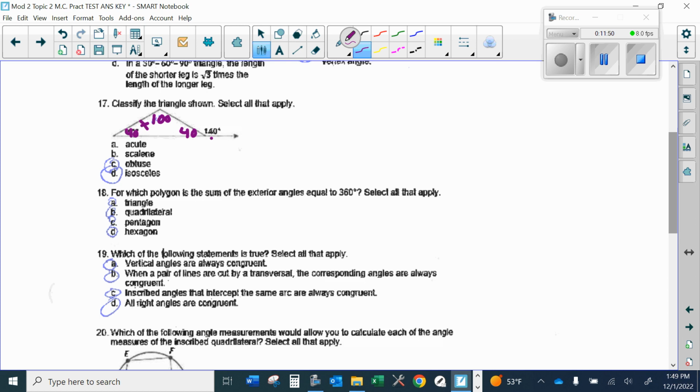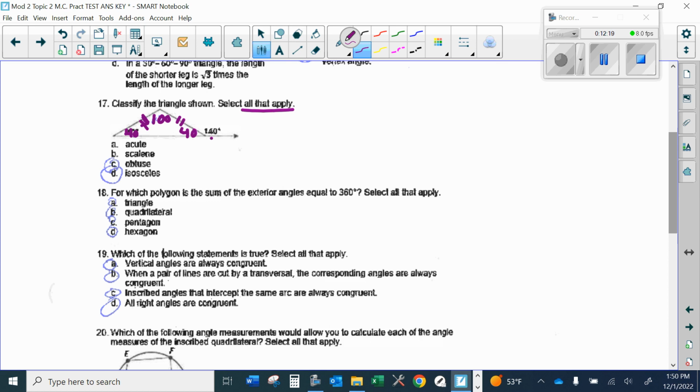And so we have an obtuse triangle, because the biggest angle here is 100 degrees. So it's between 90 and 180, so that makes it obtuse. And since both base angles are 40, that means their legs are congruent, so we have an isosceles triangle as well. Okay, remember when you see select all that apply, there's probably at least two answers. Rarely ever would there only be one. I can't remember if I've even seen one where it's only one.